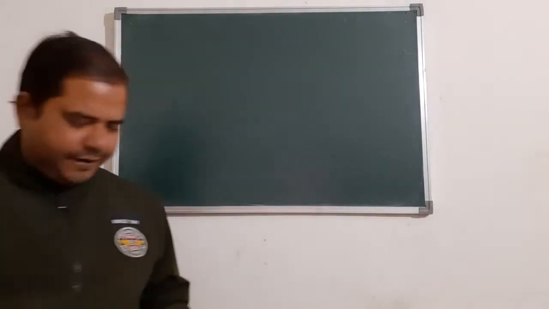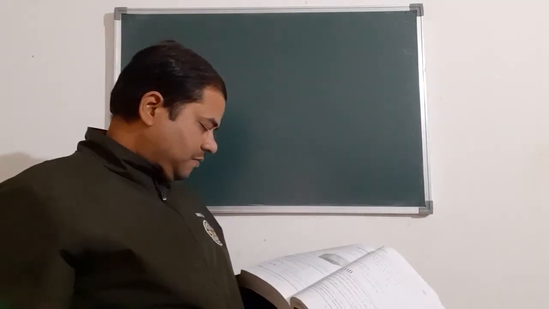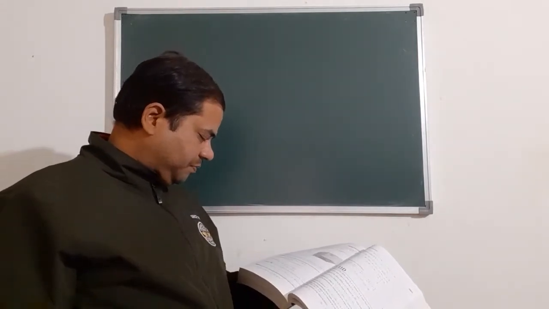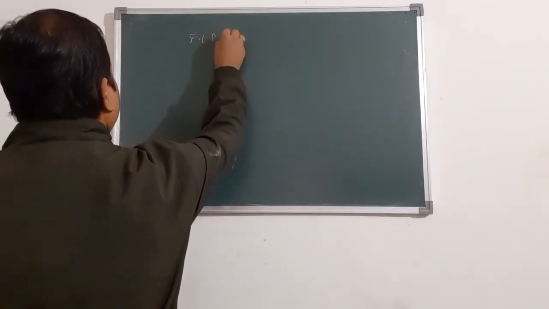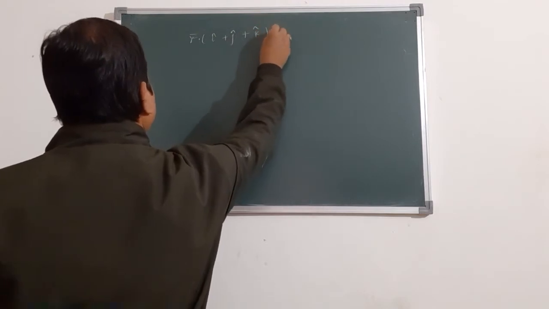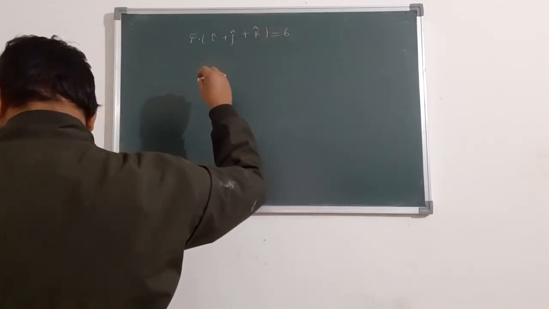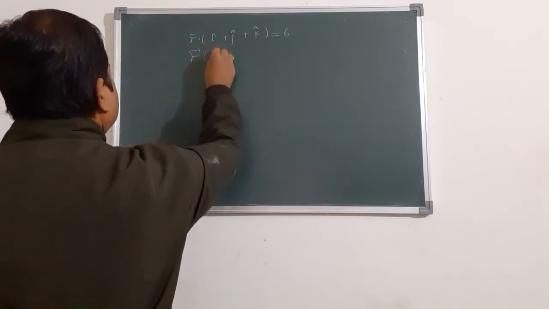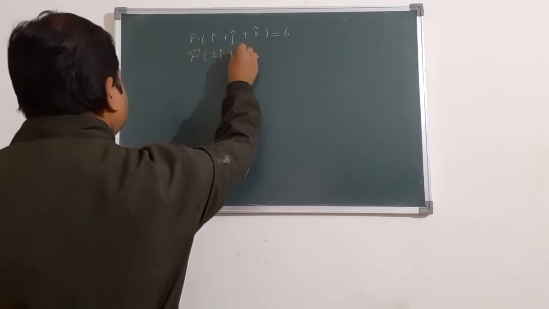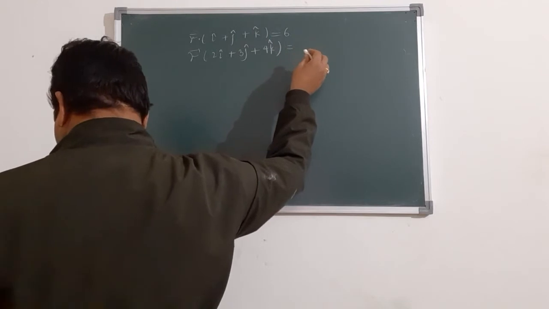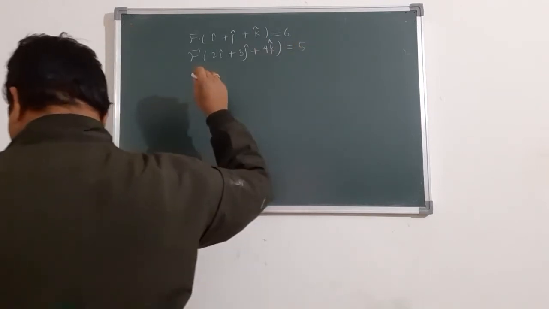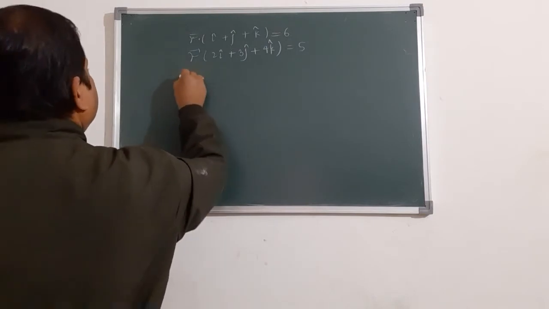Now see another question. Find the vector equation of a plane passing through the point of intersection of the planes r dot (i cap plus j cap plus k cap) is equal to 6 and r dot (2i cap plus 3j cap plus 4k cap) is equal to 5, and also passing through the point (2, 2, 1).